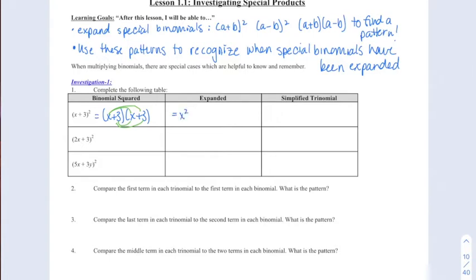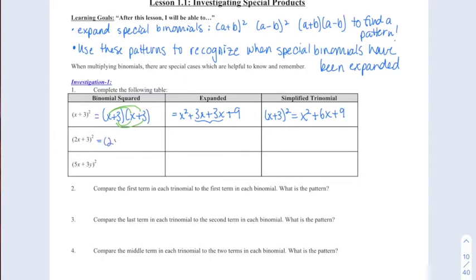So x times x is x squared, plus 3x plus 3x plus 9. And then what we can see is that the two terms in the middle add together. So I know that my final answer is x plus 3 squared is x squared plus 6x plus 9.